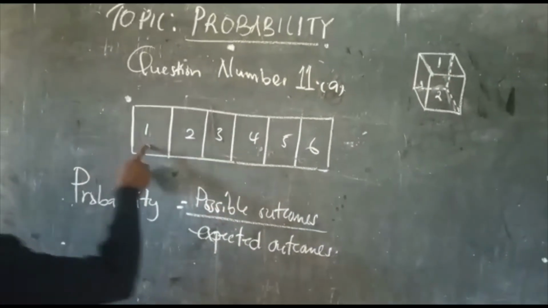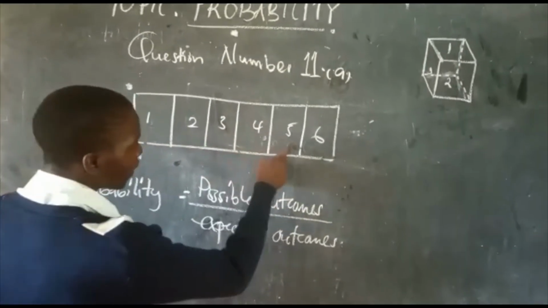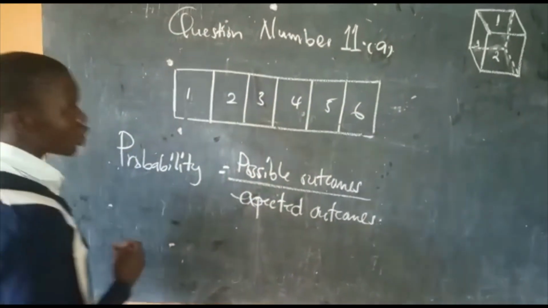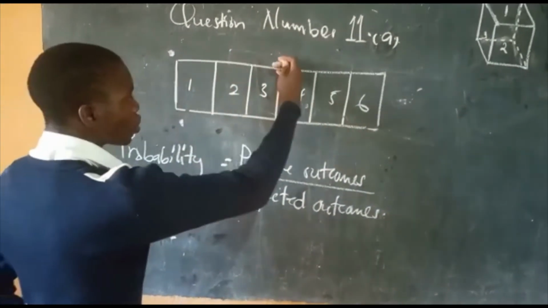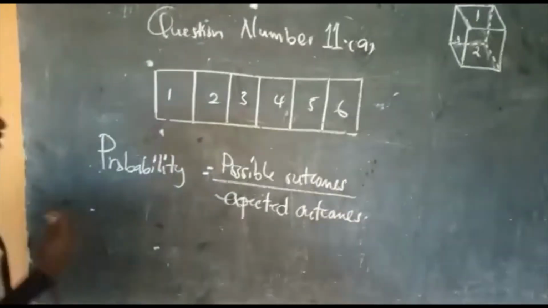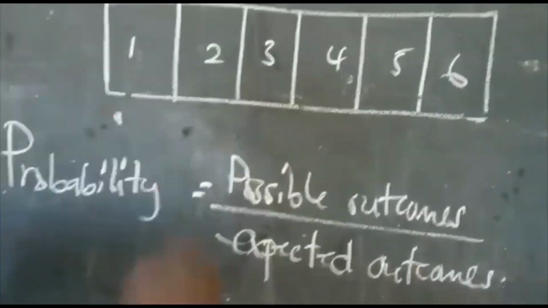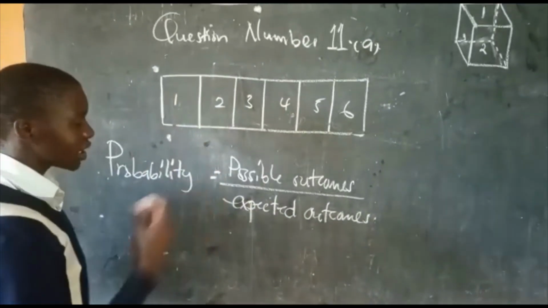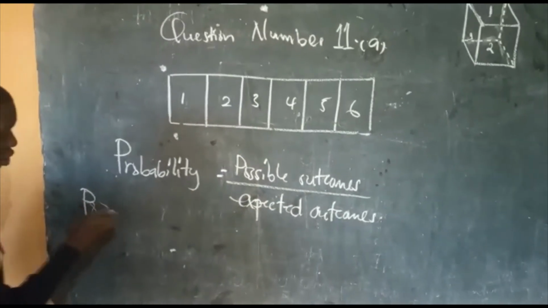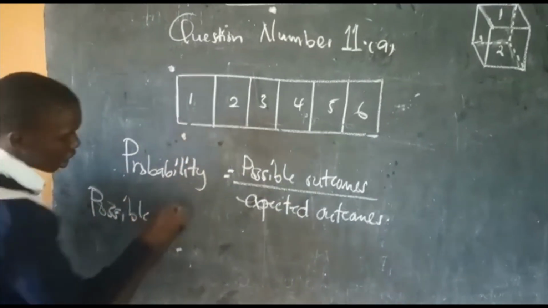Since we know the dice has the numbers 1, 2, 3, 4, 5, 6 on its 6 surfaces, I'm going to pull out the triangular numbers among these 6 that have the possibility of surfacing. Among those numbers, I'm getting the possible outcomes.